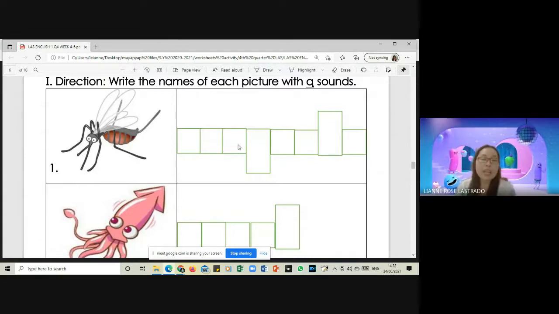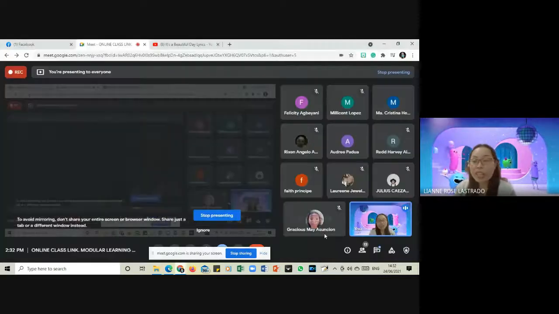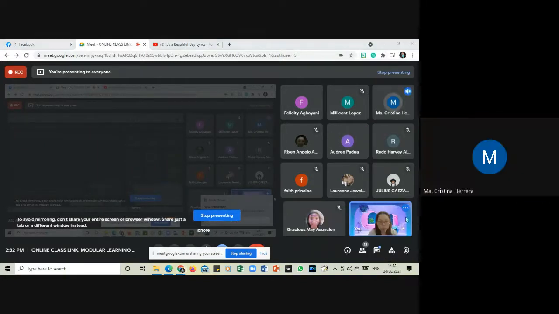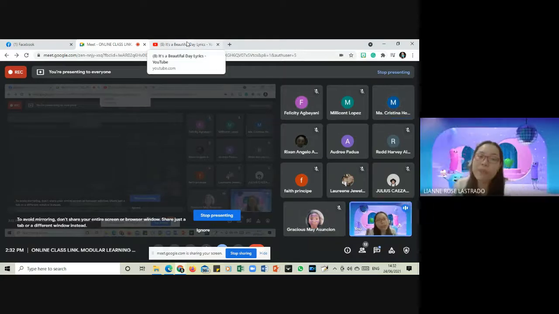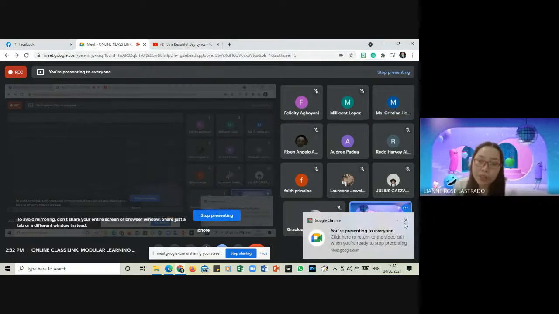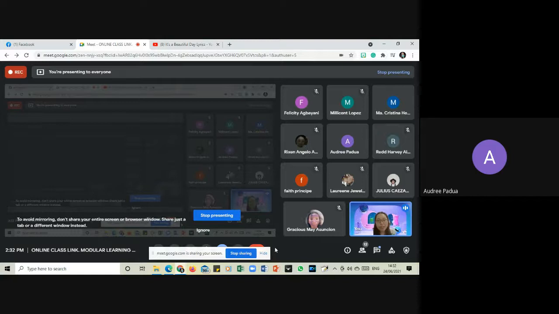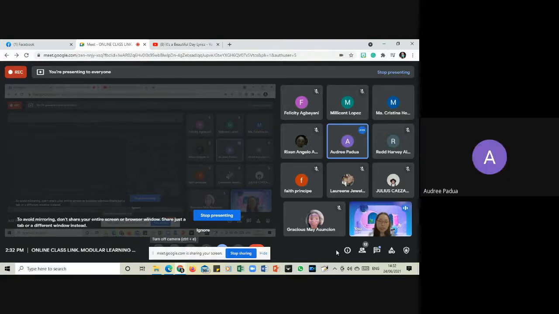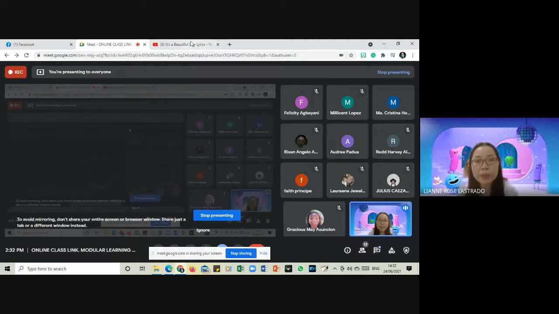We will wait for others too before we check the activities here. I think you have your learning activity sheets with you. Am I right? Okay. So we'll be showing here a 5-minute timer while you're answering your activities. Okay? So let's start with the timer here.